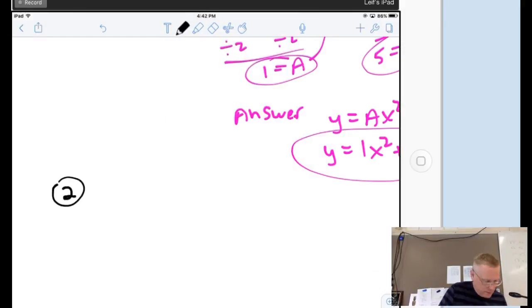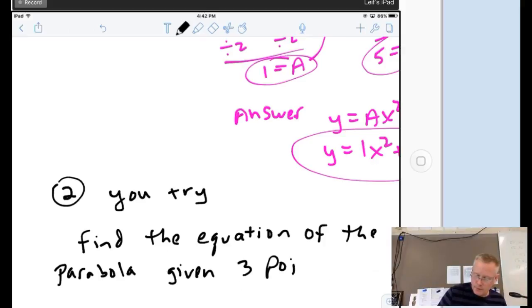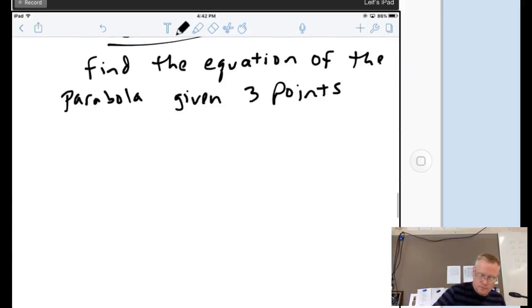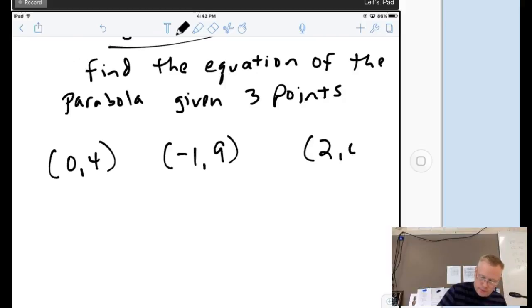Number 2. Well, you try this one. Find the equation of the parabola given 3 points. And my 3 points will be (0, 4), (-1, 9), and (2, 0).